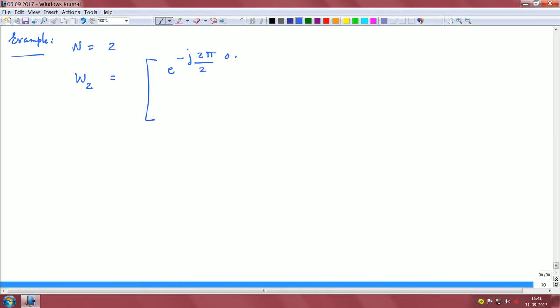For km equal to 0 0, this is e power minus j 2 pi upon 2 times 0 times 0, which is a constant factor. This is e power minus j 2 pi upon 2 times 0 times 1. This is 1 times 0.